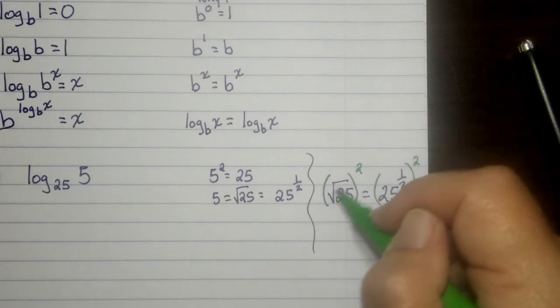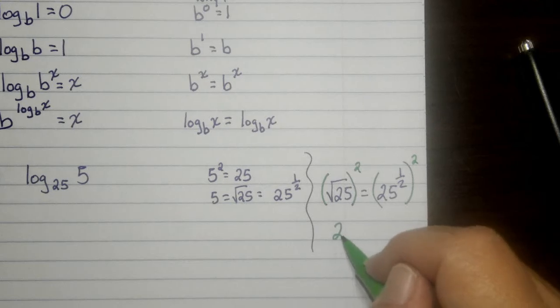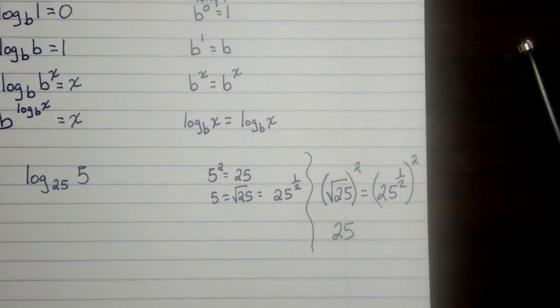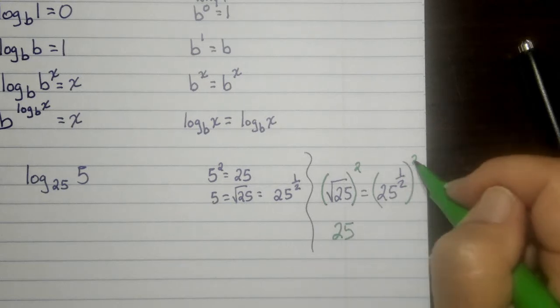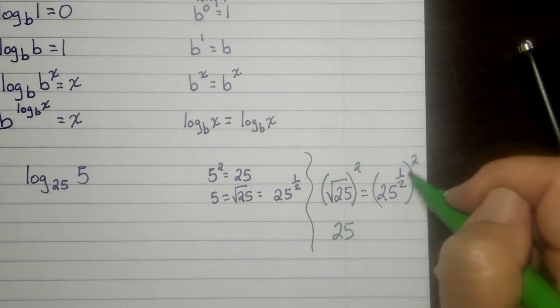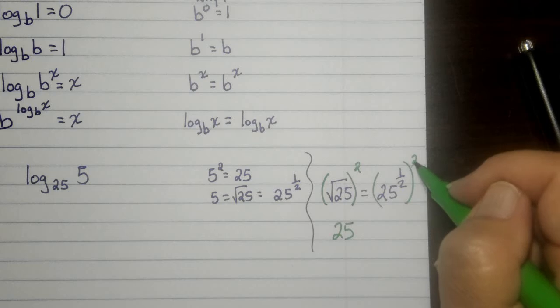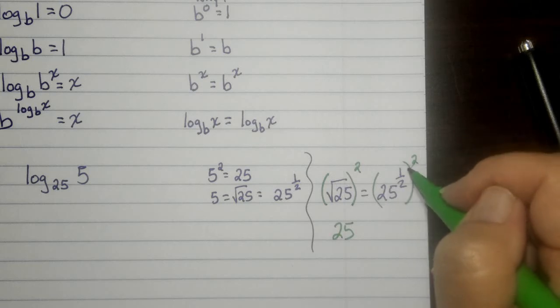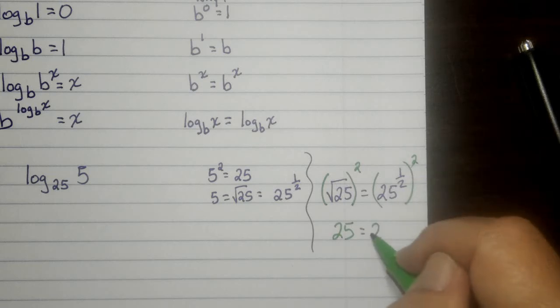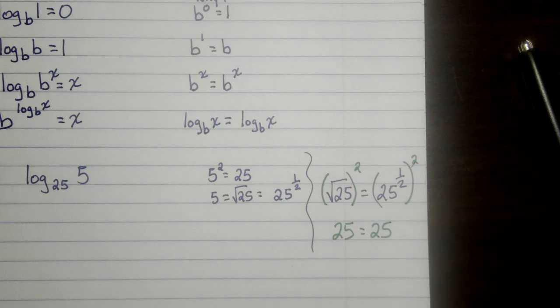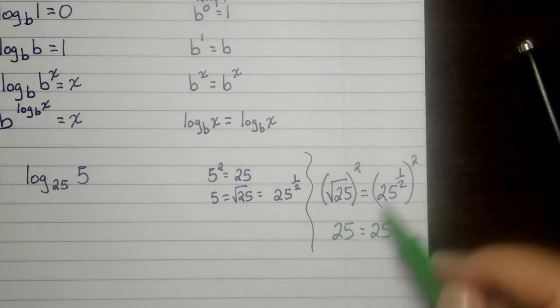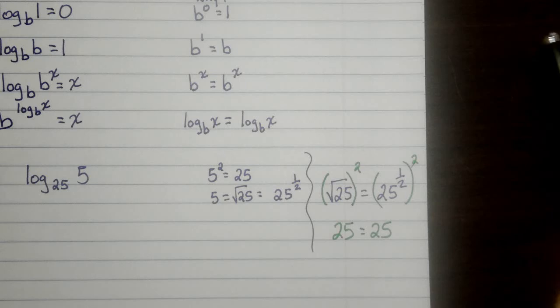Squaring and square rooting undo each other, right? This side is 25. When you raise a power to a power, don't you multiply the exponents? 1/2 times 2 is 1. 25 to the 1 power is 25. So, yeah, it's the same thing.